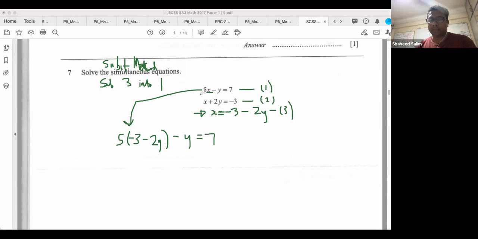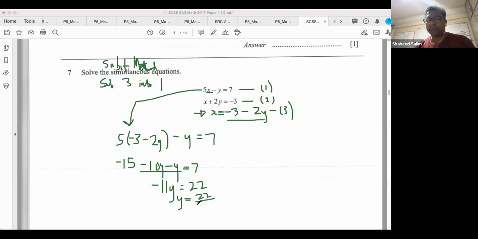I copy this exactly: 5x minus y equals 7. Then I times 5 times 3, 15, minus 5 times 2, 10y, minus y equals 7. So you have minus 10y minus y, minus 11y here. Bring the 15 over that side: 7 plus 15, 22. So what is y? y equals 22 divided by minus 11. You get minus 2.